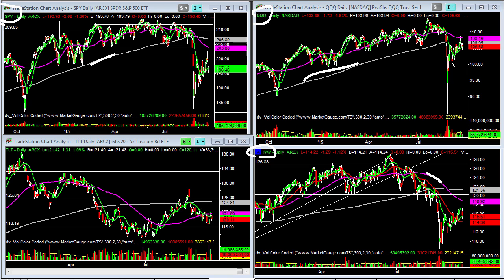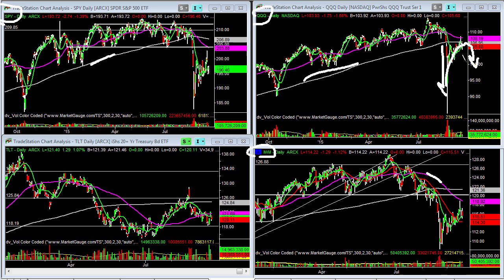One of the greatest patterns for shorting markets that are rolling over for a big correction is when markets severely break the 200 and then rally back up to the 200, consolidate, and then roll over. Right? That's what the Qs are in the process potentially of doing.